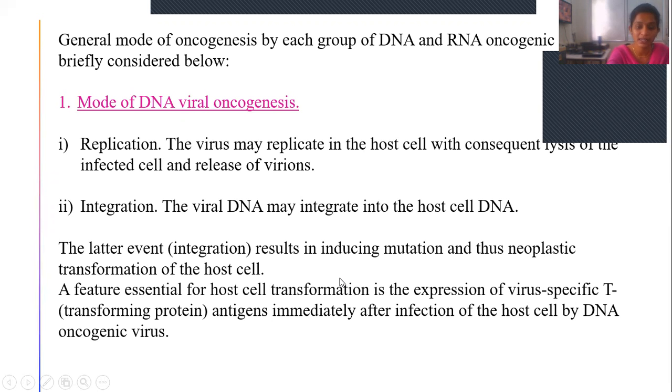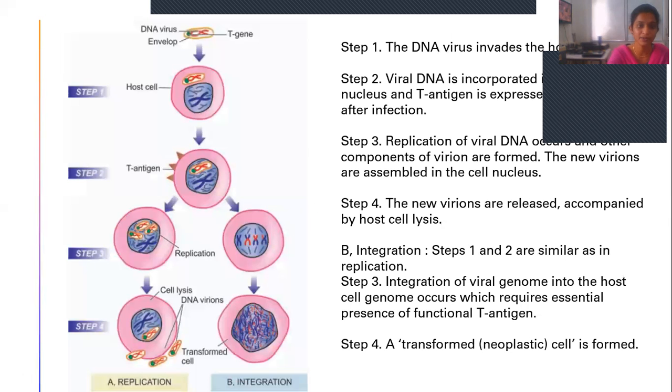You can see that in this picture. This is a virus: the yellow part is the envelope of the virus, the red one is the DNA, and this green dot is the T gene, which codes for particular proteins. This pink one is a host cell.